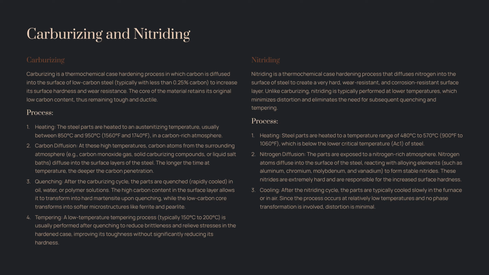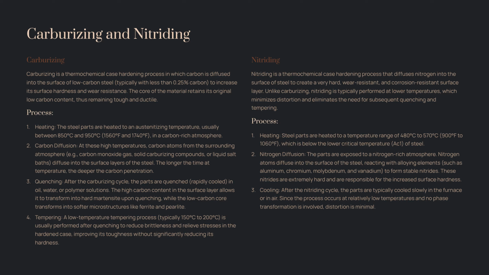Process heating. Steel parts are heated to a temperature range of 480 degrees Celsius to 570 degrees Celsius, 900 degrees Fahrenheit to 1060 degrees Fahrenheit, which is below the lower critical temperature, Ac1, of steel. Nitrogen diffusion.